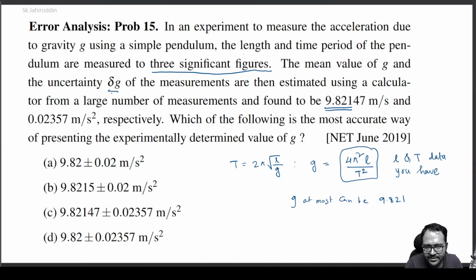But we have an extra addition. Your delta G is 0.02357. I'll tell you later also, we write the error always up to the first significant digit. Whatever digit comes, we write up to this, because if the error is 0.23, it is not much physical to write this 3, because error should be in approximation of one significant digit.